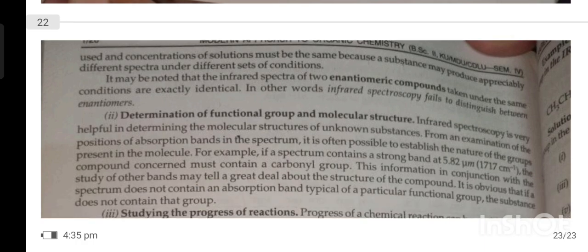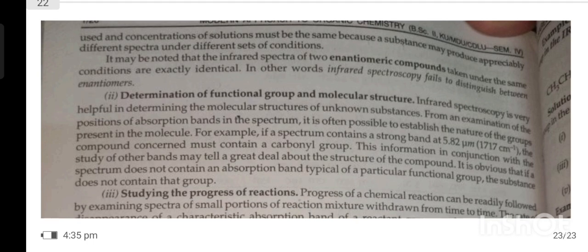Second, determination of functional group and molecular structure. Infrared spectroscopy is very helpful in determining the molecular structure of unknown compounds. By examining the position of absorption bands in the spectra, it is often possible to establish the nature of a group present in a molecule.